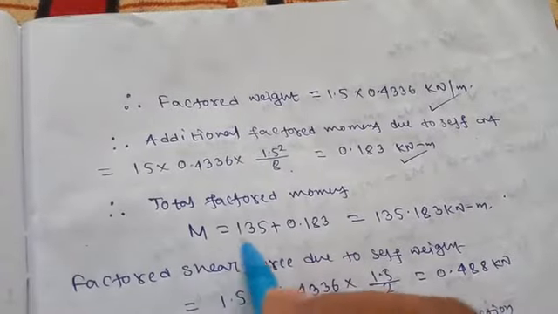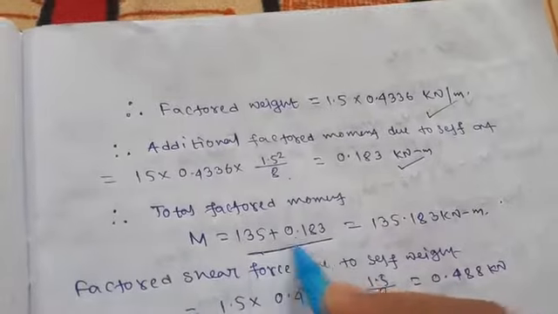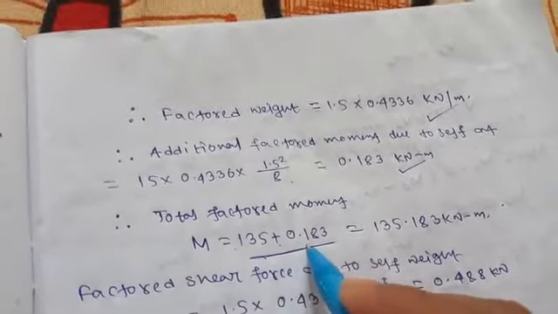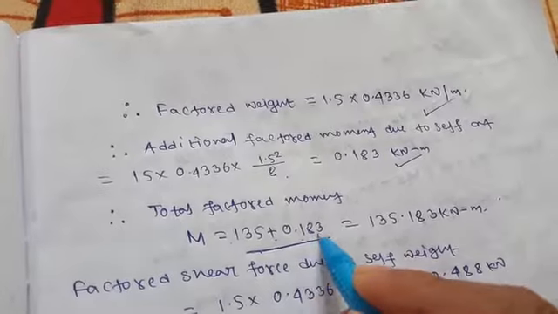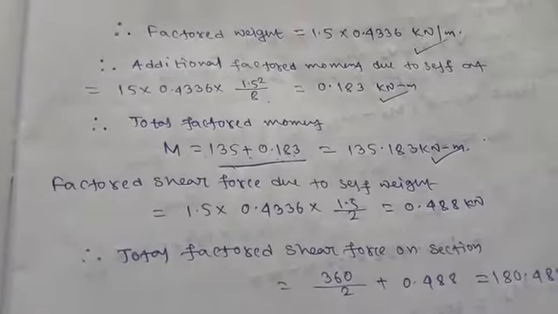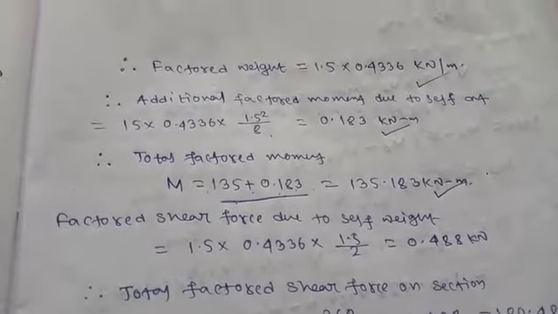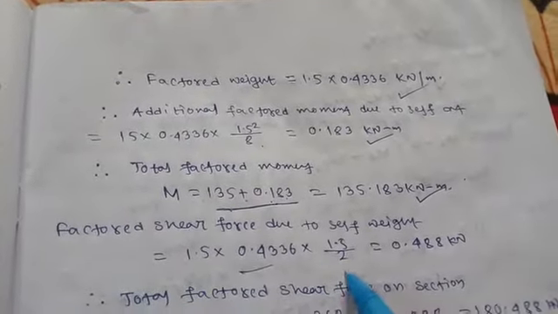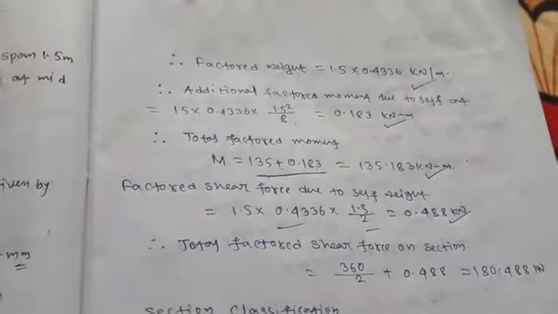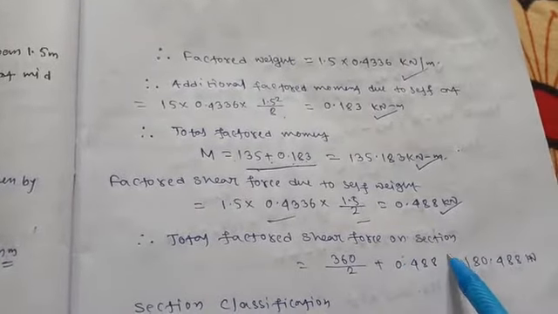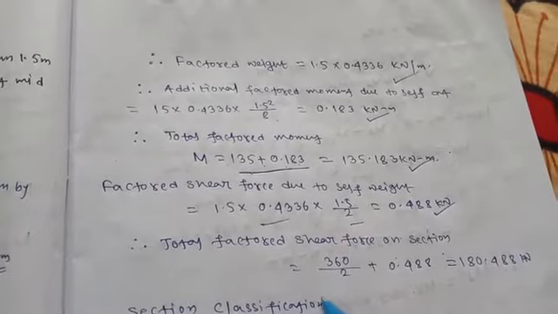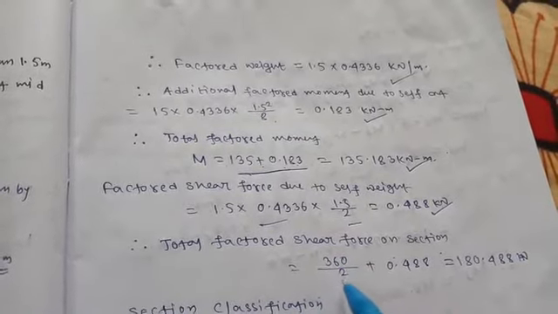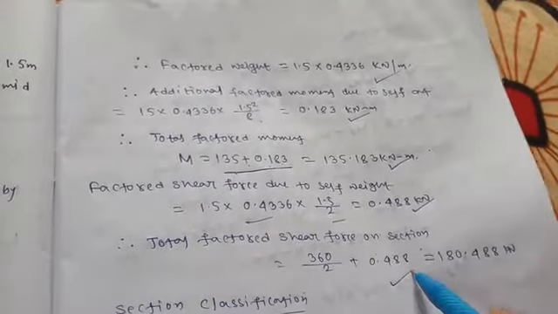So the total factored moment M is 135 plus 0.183. Factored shear force due to self weight is 1.5 into this value, and then we get that. So the total factored shear force on this section is 360 by 2 plus 0.44, ultimately we get this value.